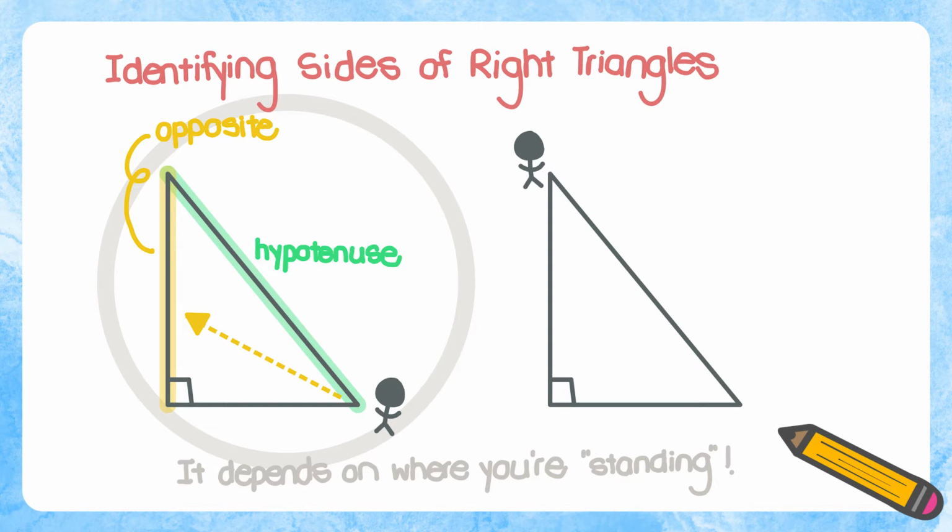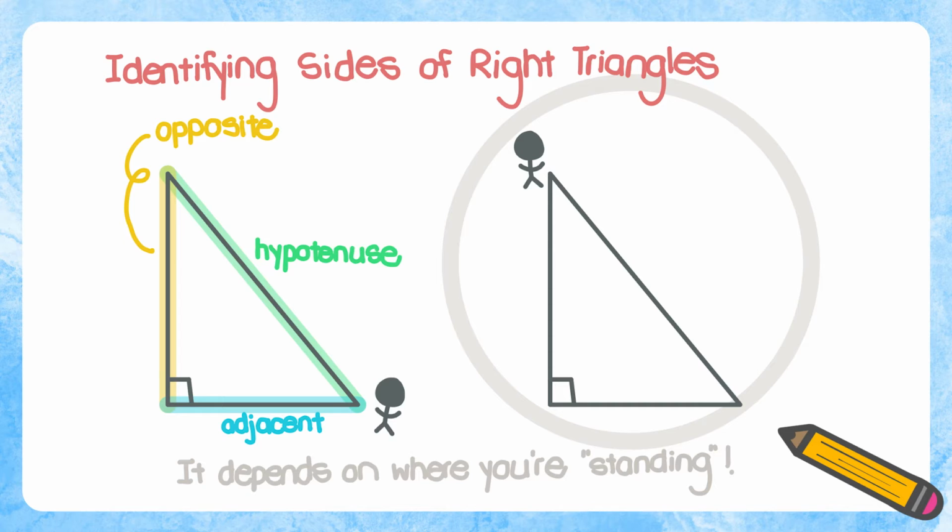Again, this is the opposite side because it's across from where I am standing. And lastly, what do we call this side right next to us? This is our adjacent side. So the side right next to us is called the adjacent side.